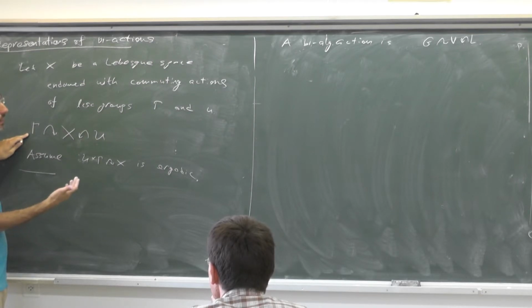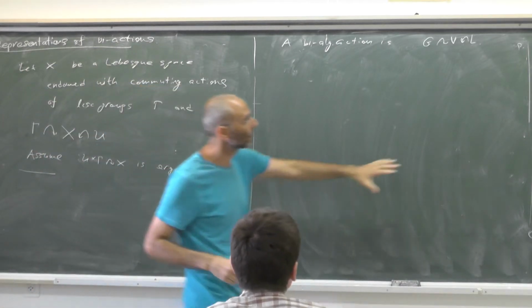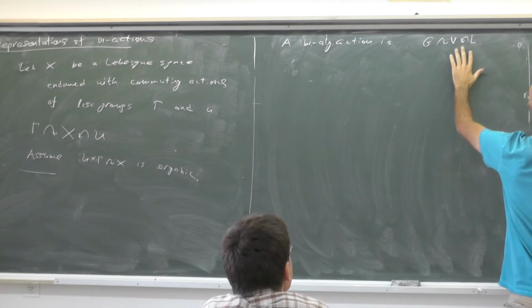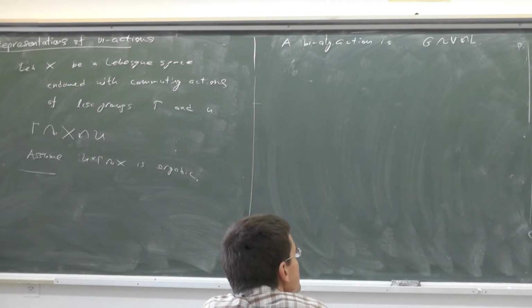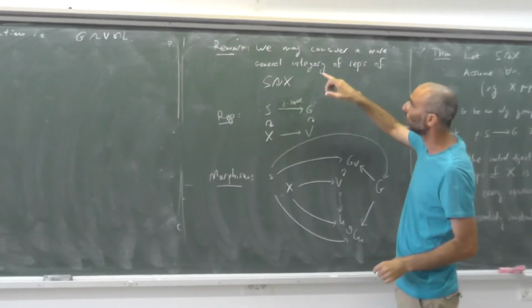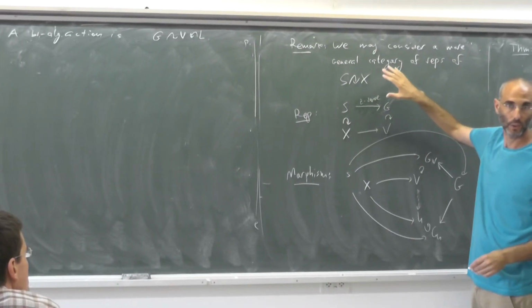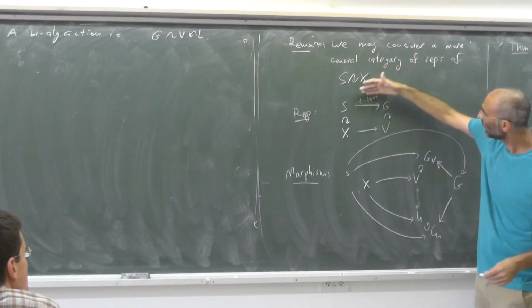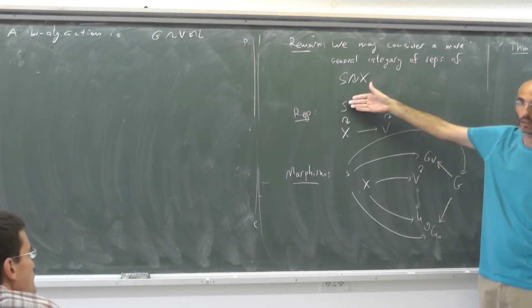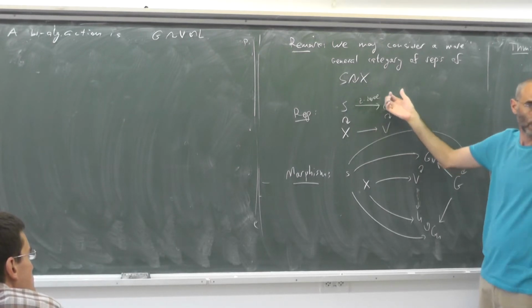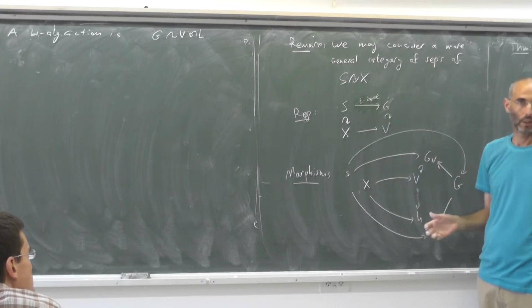Or not fixing all the data, but this is the same as not fixing G and L here. I'm trying to say, if I will not fix representations from gamma and U to either G and L, not fixing G and L as well, then this is as taking S here to be gamma times U, and G here to be some product.